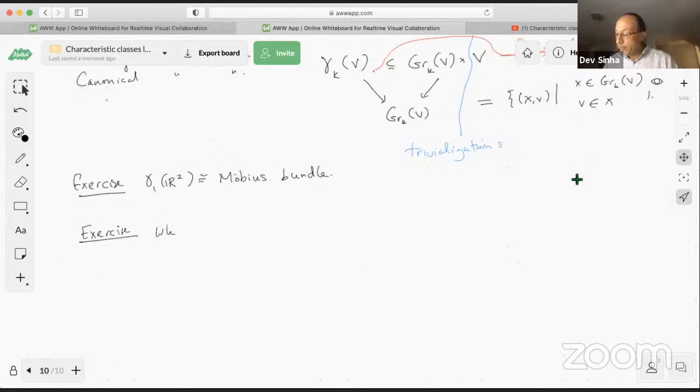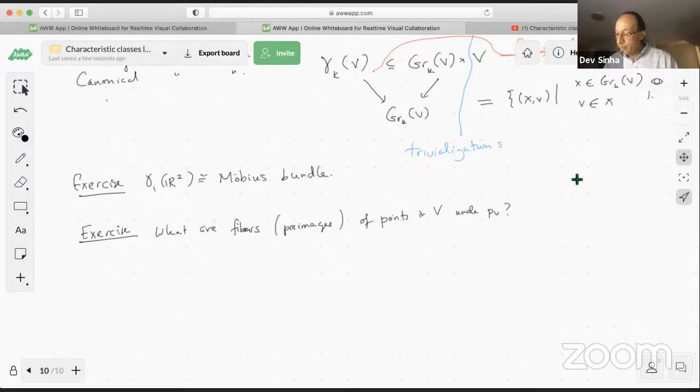What are the fibers, the pre-images of points in V under P_V? That's kind of a fun thing to think about. So we have that data.